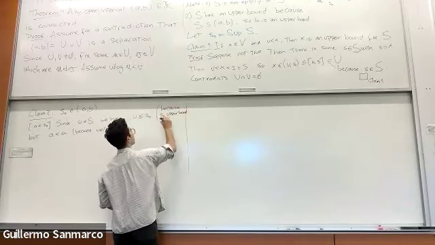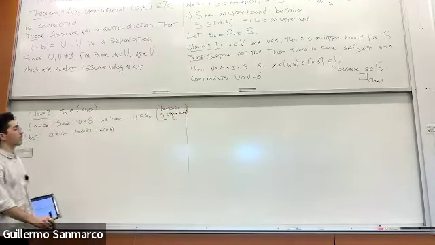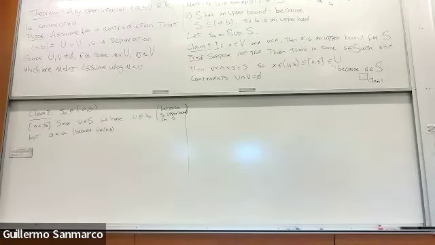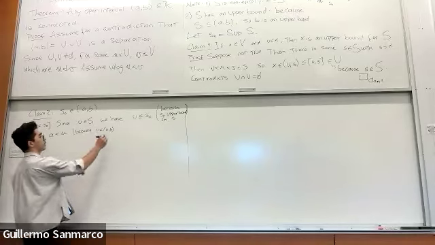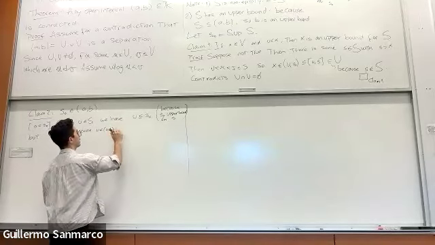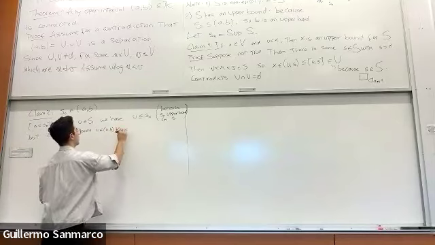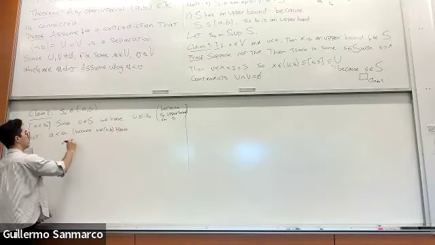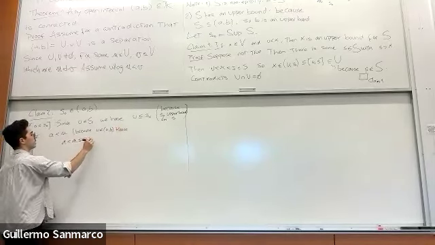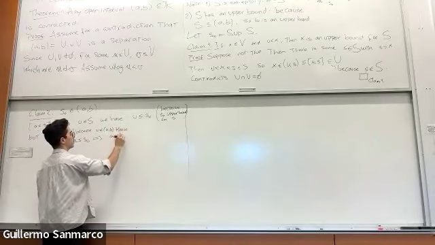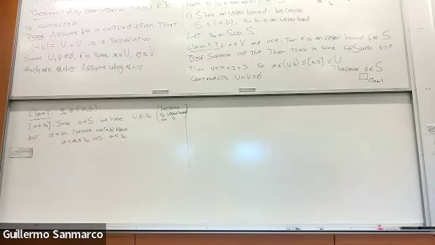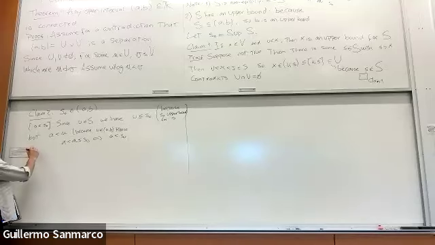Hence A is smaller than U, smaller than or equal to S naught. That gives A smaller than S naught. So the steps are not complicated, but a bunch of them.